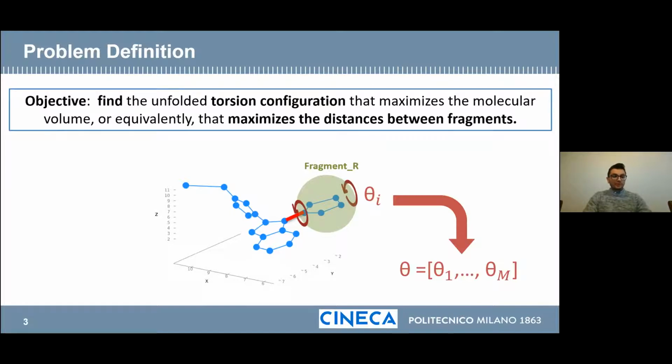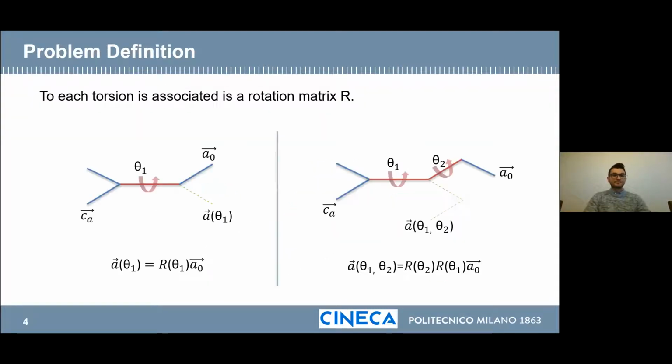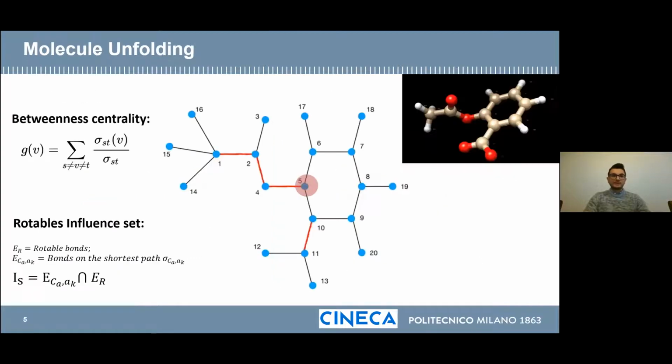We use the term conformation as a synonym for this set of assignments, and the final objective is to find the unfolded configuration that maximizes the molecular volume, or equivalently, that maximizes the distance between fragments. So each torsional is associated with a rotation matrix, and in the case two atoms are connected by a path that contains more rotatable bonds, the rotation matrix will be just a multiplication of the single rotation matrices.